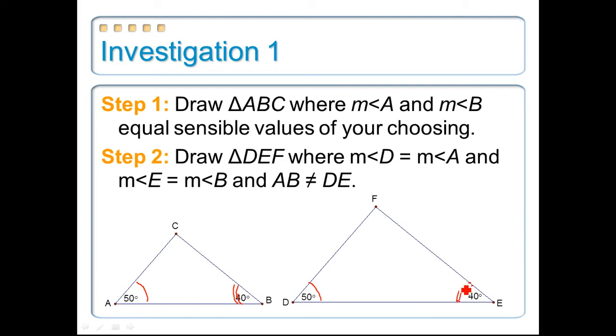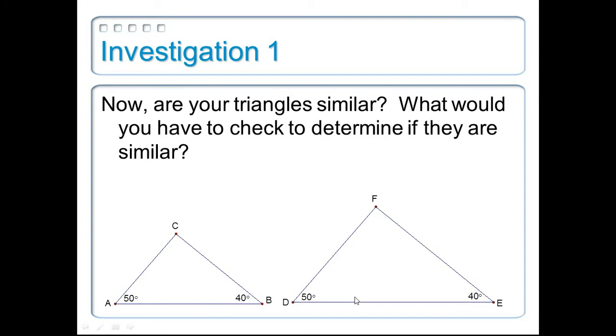Okay, but the key is we want this to not be the same length as this. So AB is not the same as DE. That's the key. Otherwise you're just drawing congruent triangles. Okay, and so we go to the next step.